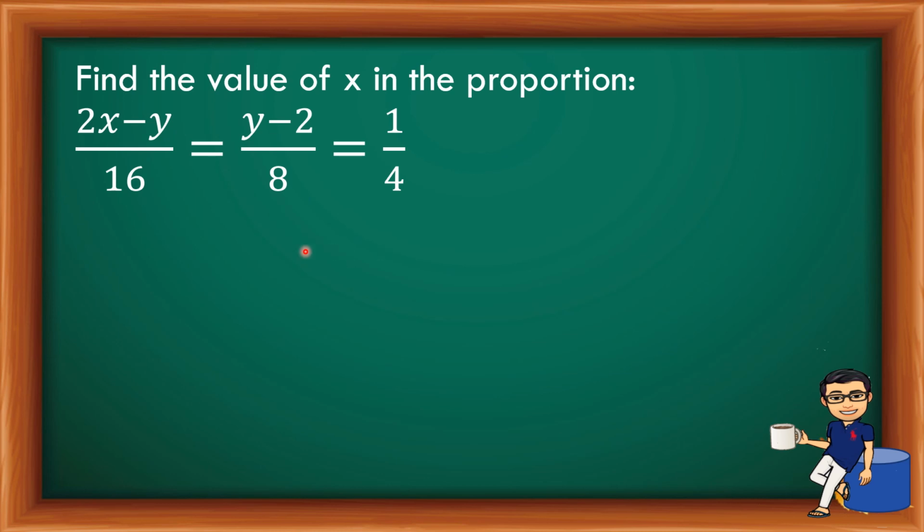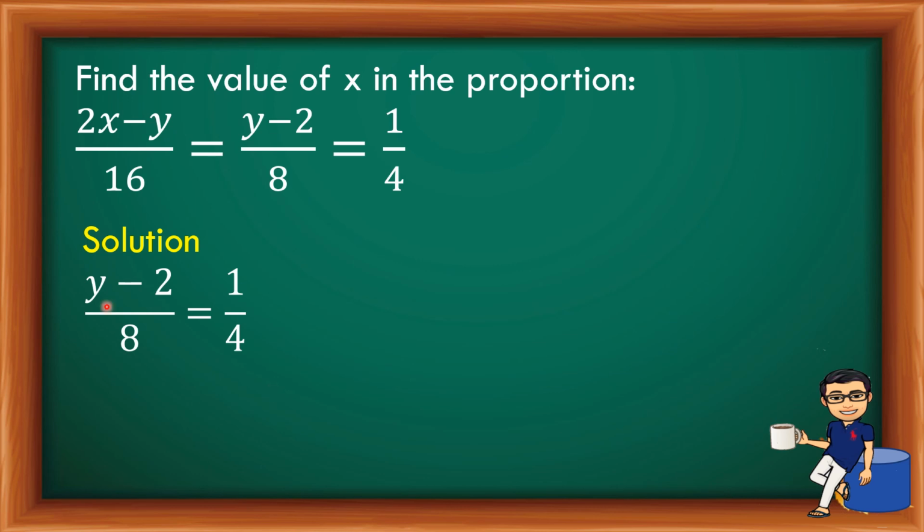So I think this is the expression with one variable, then I will choose 1/4 also, because when you look at the given equation, that is the easiest part of the given proportion. So we choose (y - 2)/8, which is equal to 1/4.